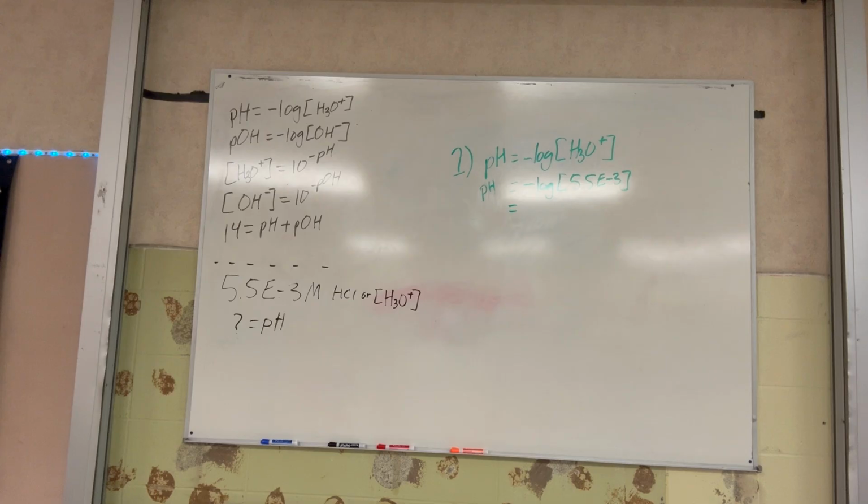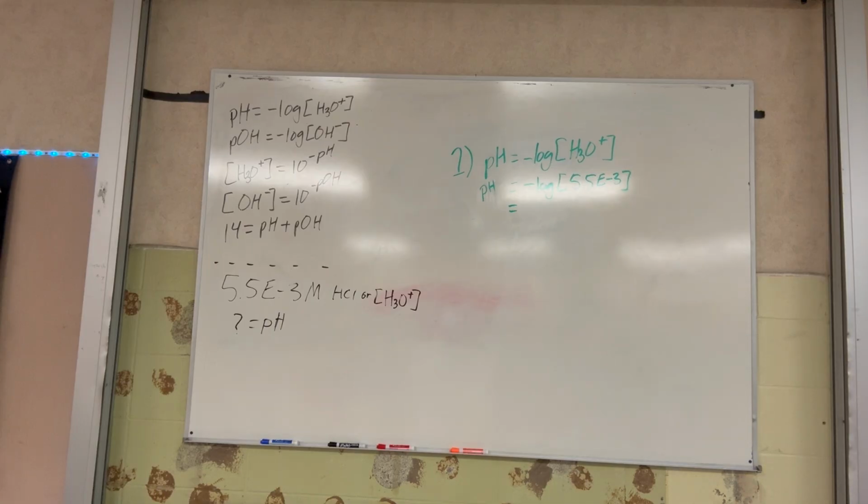Okay, so we're going to do the negative, and then log is just this button here. So you're going to do negative log, and then you punch your 5.5 times 10 to the negative third. That was easy.